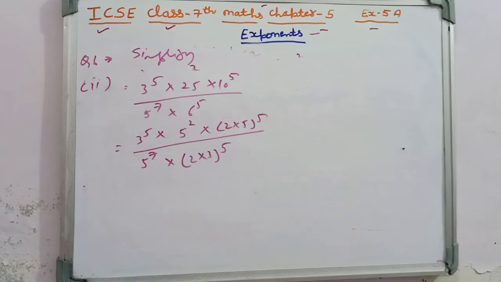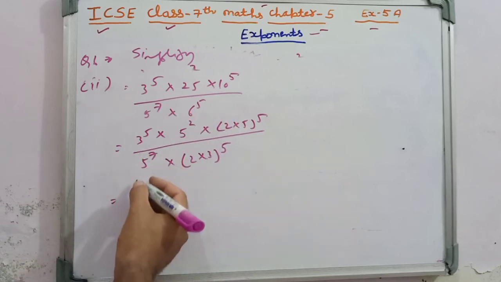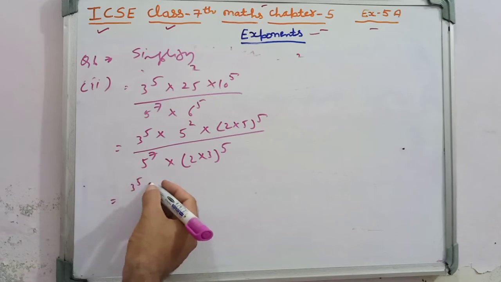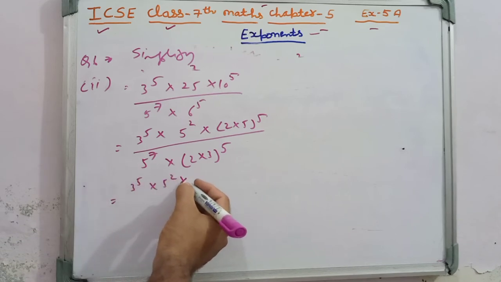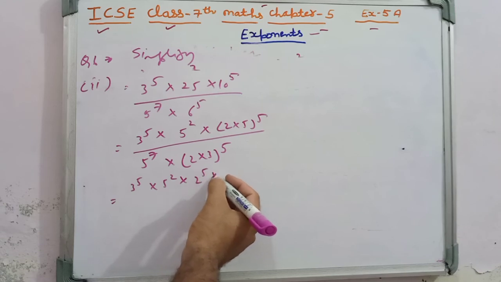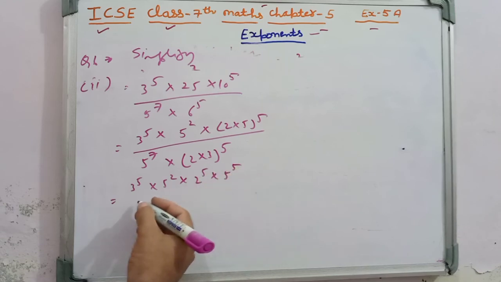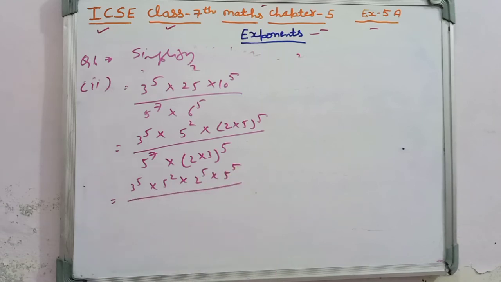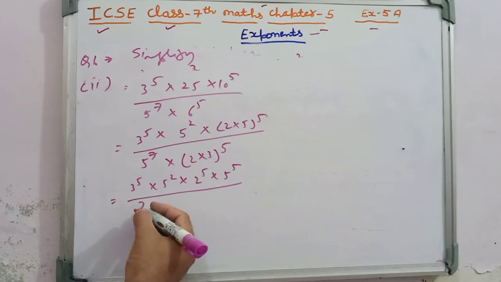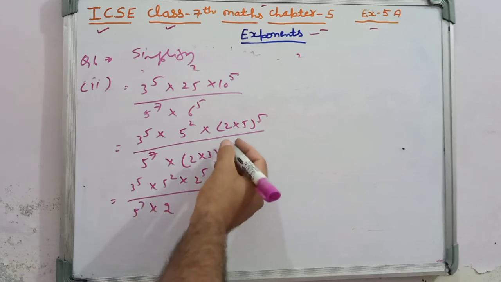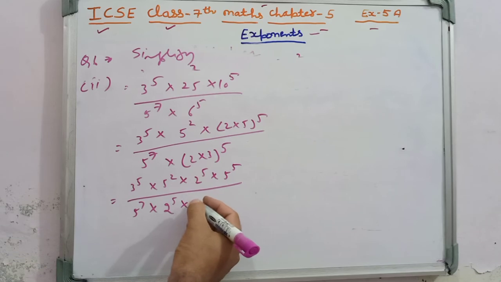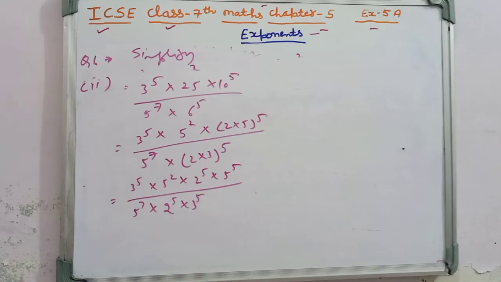We have broken down this 6. This will become 3 raised to power 5, 5 raised to power 2 multiplied by 2 raised to power 5 multiplied by 5 raised to power 5, over 5 raised to power 7 multiplied by 2 raised to power 5 multiplied by 3 raised to power 5.